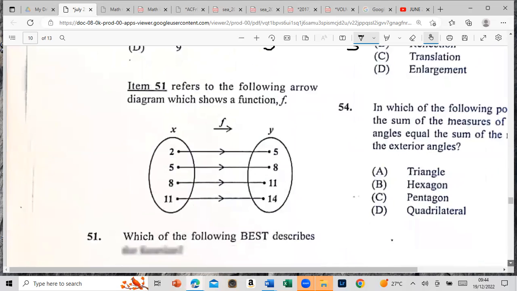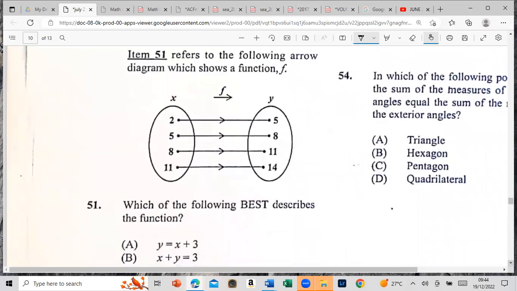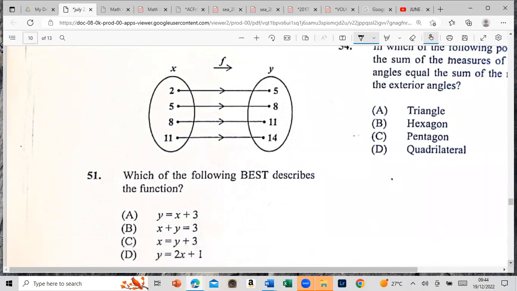Alright, let's go for 51 now. Type in the answer for us, guys. The question shows the following arrow diagram, which shows the function f. It says, which of the following best describes the function? Type that in the comment section before I do the solution.